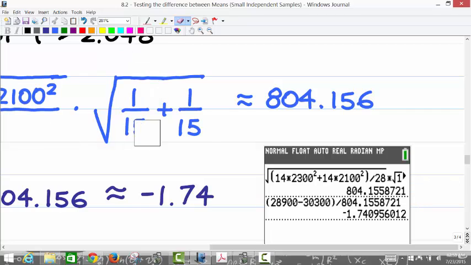So that's this square root part right here. You see the 1 right there. That's that first 1 right there. And times the rest of that, and there's the 804.156. And then there's the test statistic. Notice I use parentheses in the numerator. Very important. Anytime you have a big fraction and then you got pluses and minuses on the top or bottom, you would need to use parentheses.